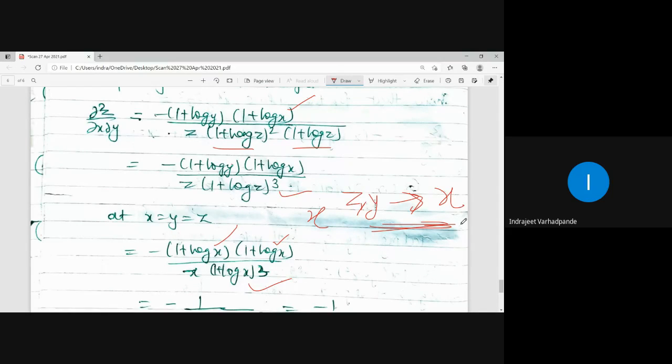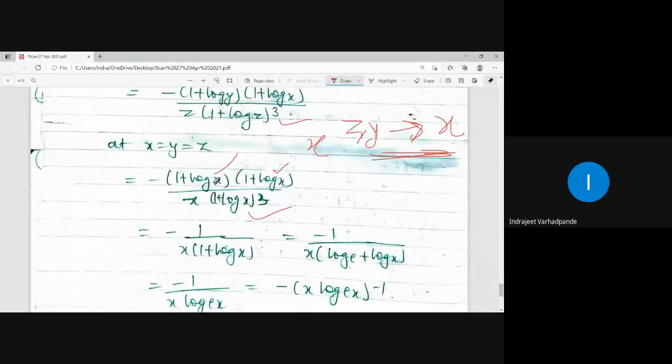Fine. So we have 1 plus log x whole square upon 1 plus log x whole cube. Only one term in the denominator is 1 plus log x, right? How is 1 written? 1 is written as log e.